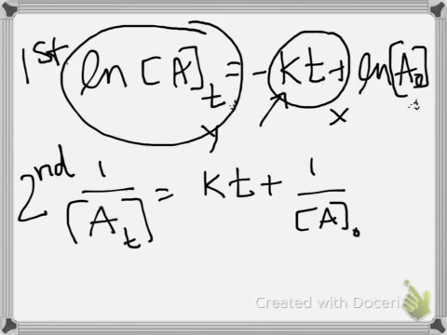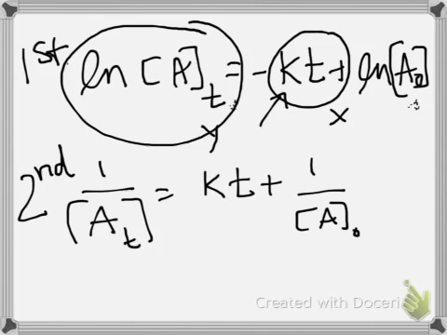So again, a plot of time on the x-axis, concentrations at given time periods on the y-axis. If that is a linear plot, the slope of that line is going to be equal to the negative value of the rate constant.